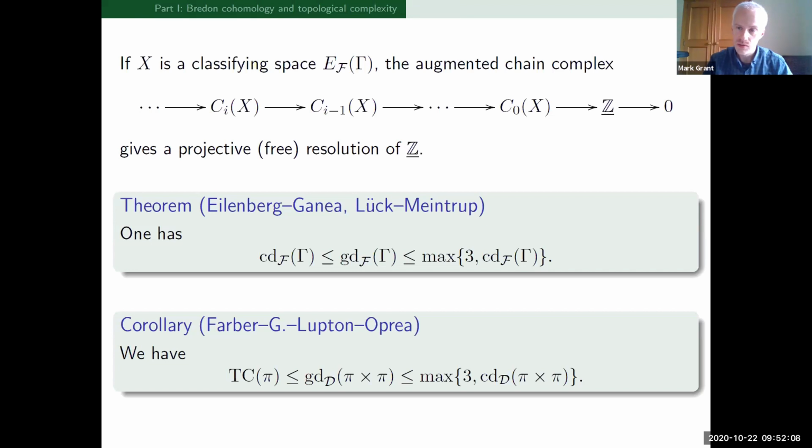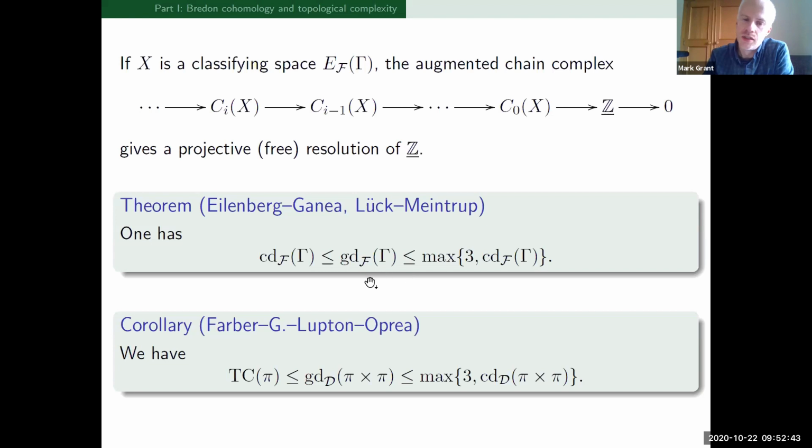But then you see in this way you obtain a functor from the orbit category. And I haven't told you what a free Bredon module is, but these will all be free Bredon modules. And so a classifying space of dimension k is going to give you a projective resolution of length k. And therefore, you get that the cohomological dimension of the family is always bounded above by the geometric dimension of the family.